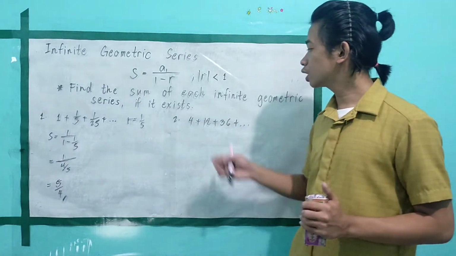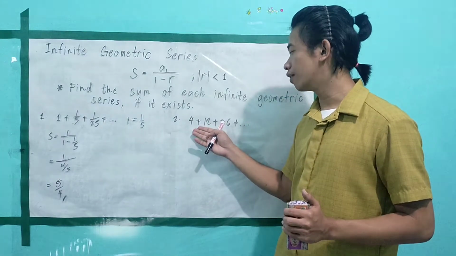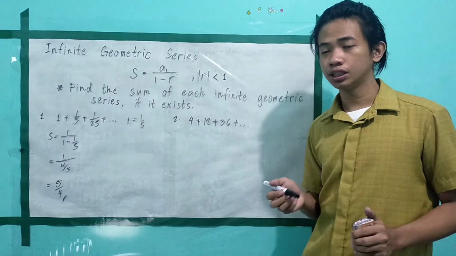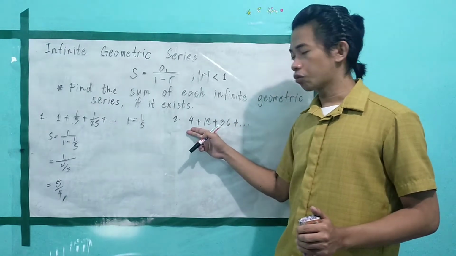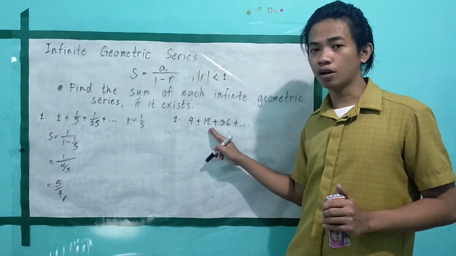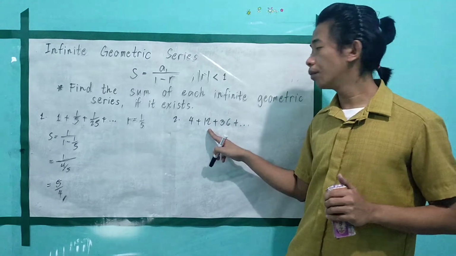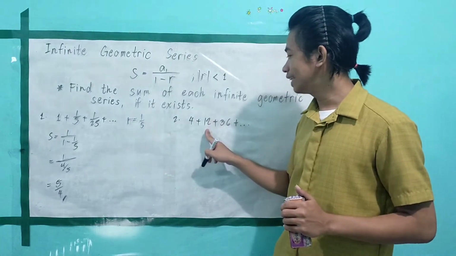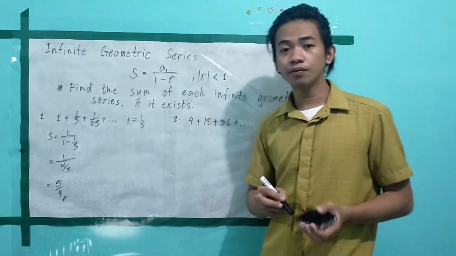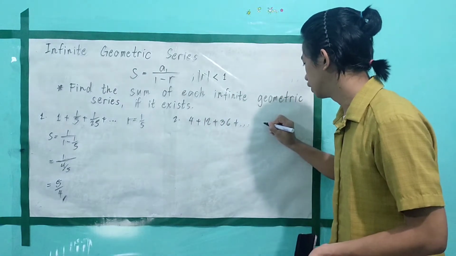In problem number 2, our sequence is 4, 12, 36, and so on. So our A sub 1 is 4 and our A sub 2 is 12. What is our common ratio? To get the common ratio, we divide A sub 2 by A sub 1. So 12 divided by 4, we have 3.